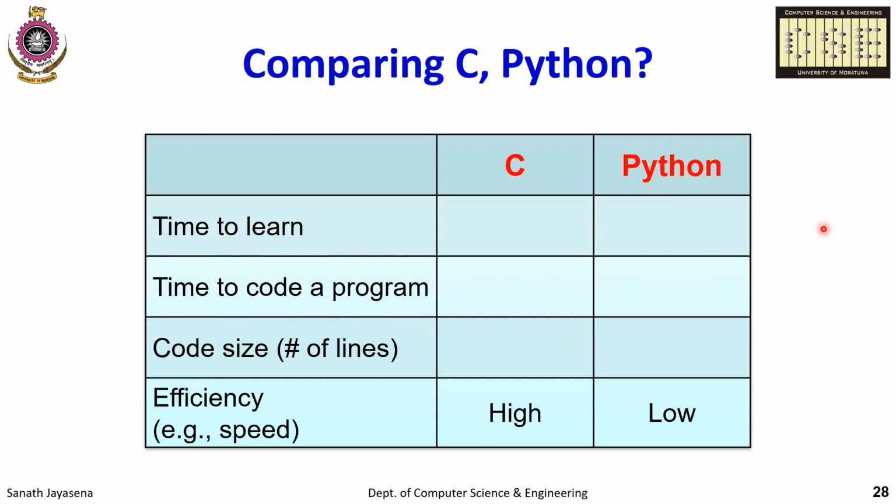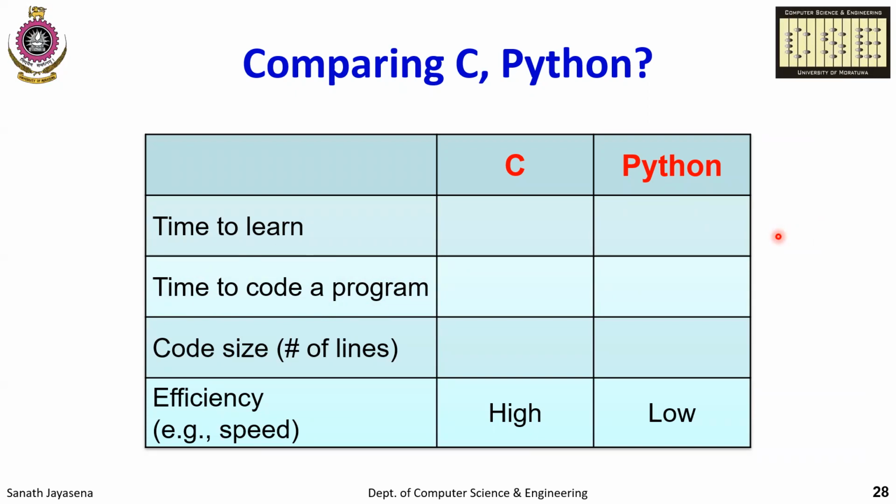Given a problem, let's say you are given one problem, and one person is going to develop a C program for it, another person is going to develop a Python program for it. Who do you think, let's say both have the same skill level, same expert level?